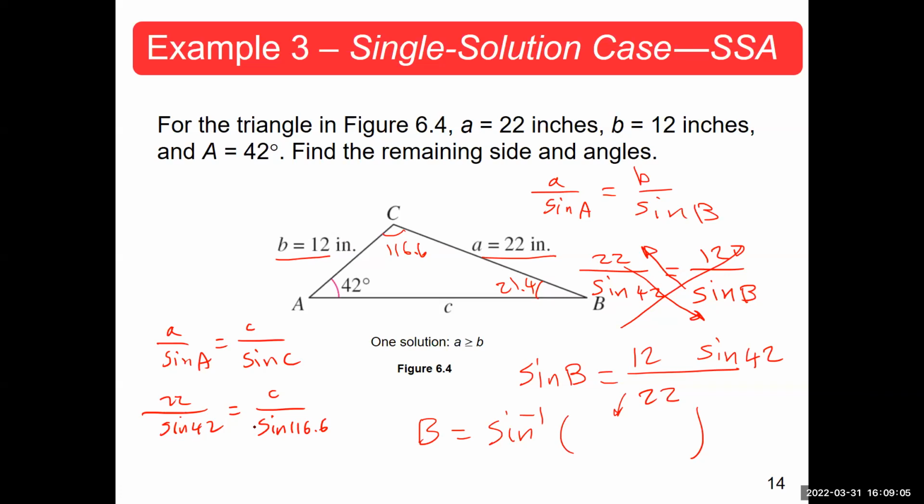Now you move the sine to the top, you get C equals 22 sine 116.6 over sine 42. Okay.